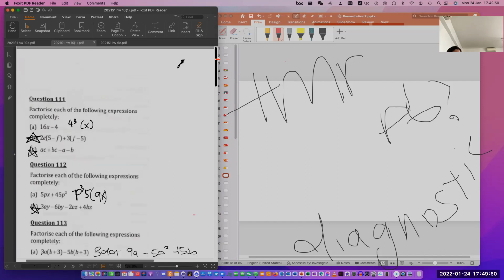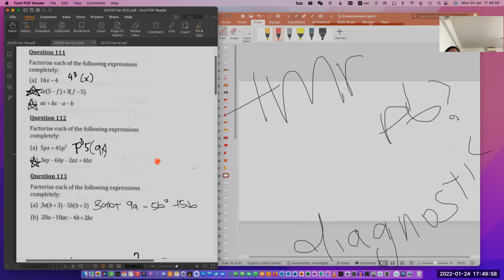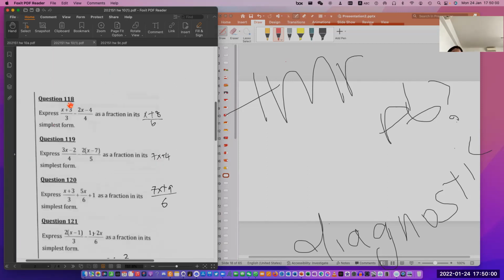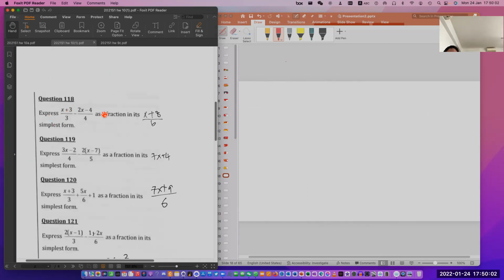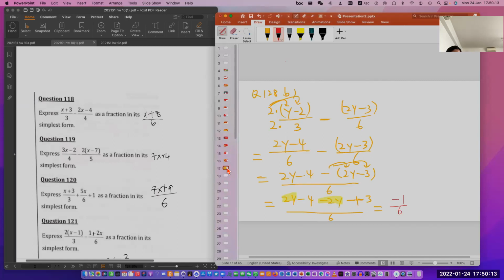So if they're going to give you some of these questions, the more you need to know factorization, which is here, the more you need to know how to combine two fractions into a single fraction. So if they give you questions like this, you better not make mistakes like what you did just now.